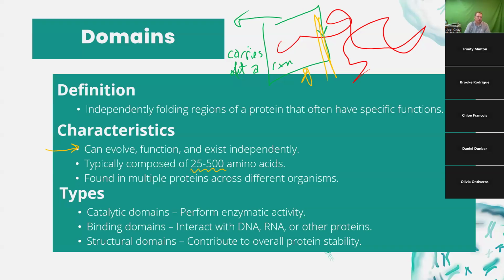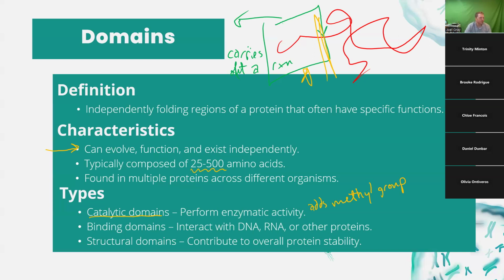Now there are types of domains. One type is a catalytic domain. A catalytic domain does a specific reaction, so it performs a catalytic activity. What that means is that it breaks a bond or it makes a bond. Maybe it adds a methyl group to a molecule or to another molecule.